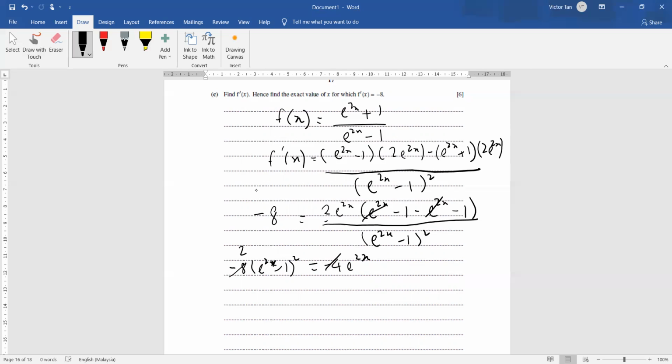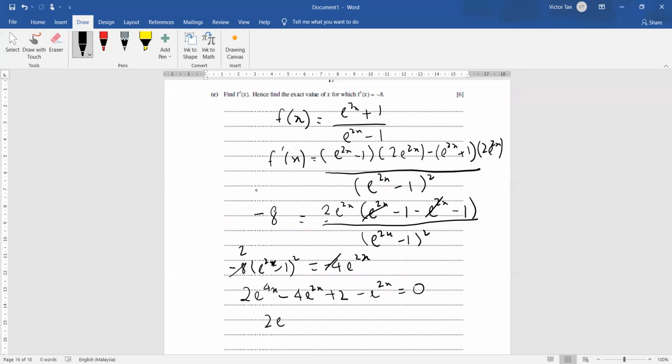Exact value. Okay, so expanding this, you get 2e^4x minus 4e^2x plus 2 minus e^2x equals 0.